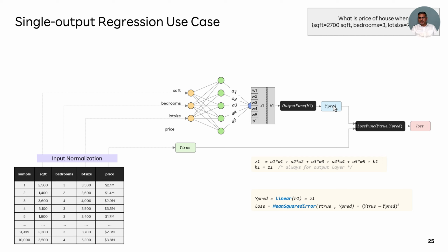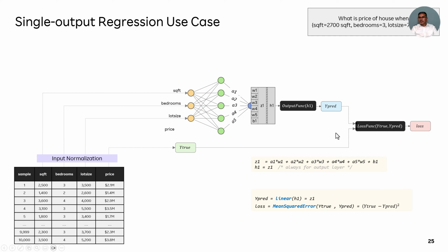Now the loss function. Let's say this is the ground truth value and this is your prediction value, correct? Now you have to figure out how off your prediction is from the ground truth value. For that, you have a few options in terms of loss functions. One very commonly used loss function is called MSE, which stands for mean squared error. It's very simple.